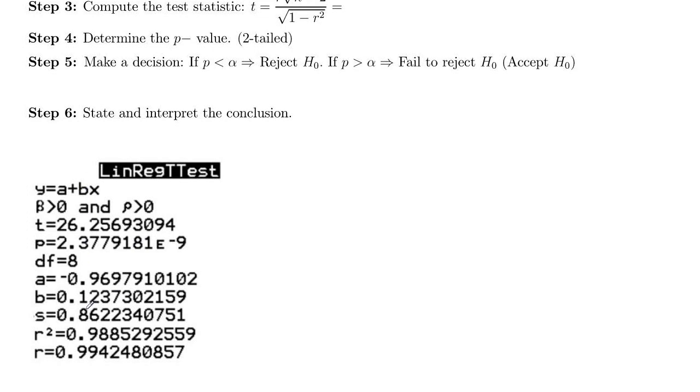It's not a big positive number like 10 or 100. So we may just want to test, because it looked like B was definitely positive, but it ended up only being a 0.12 slope, rho greater than 0, or we might just want to test rho, which is the population slope, not equal to 0.